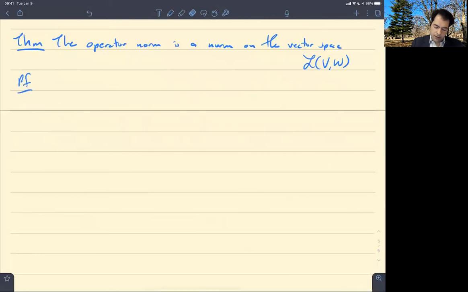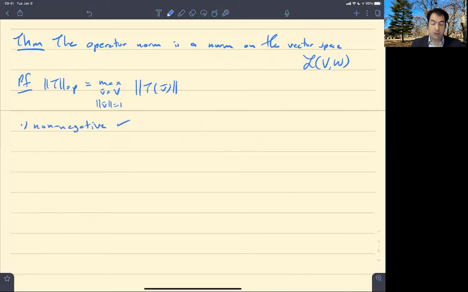Right, so here, instead of flipping back and forth, let me go ahead and write the operator norm definition right here so we can refer to it more easily. So this is the maximum among all of the vectors in V of unit length of the size of T of V. Okay, so this is clearly non-negative, right? Because you're taking the maximum of a bunch of non-negative numbers.